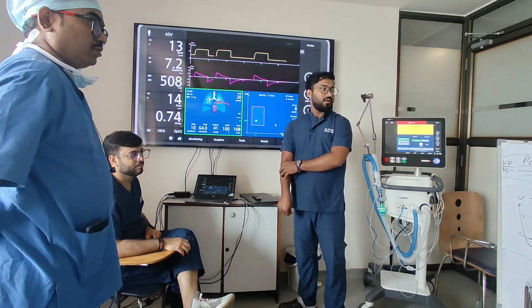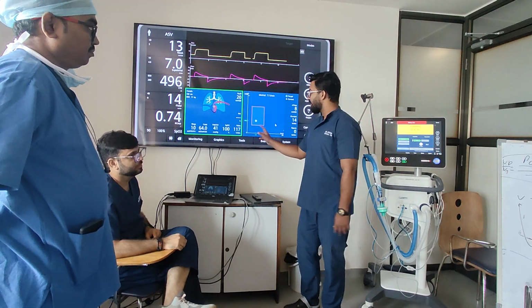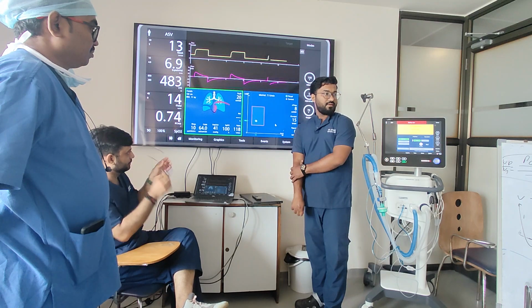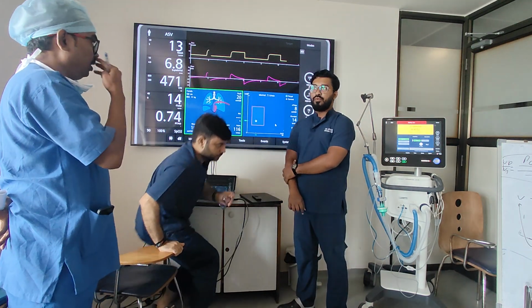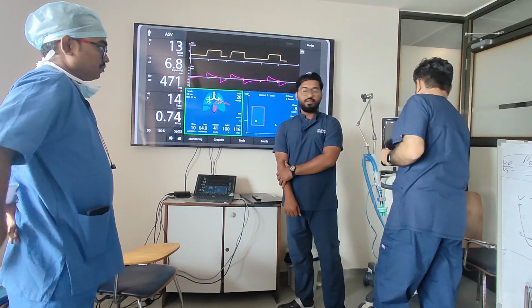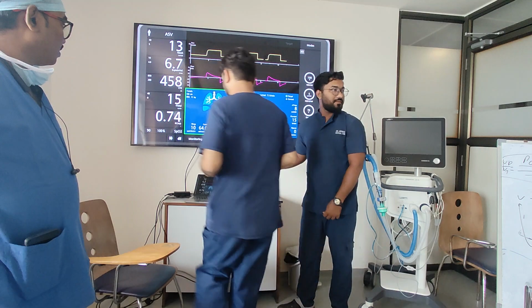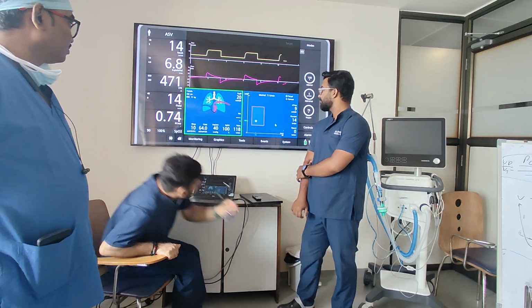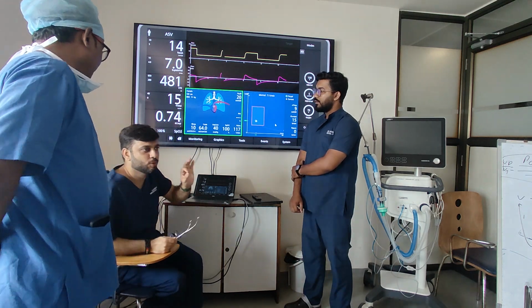How can that be restrictive? What will happen in restriction? It will be less than 0.5. So this is 0.74. It is a little high, not too much.